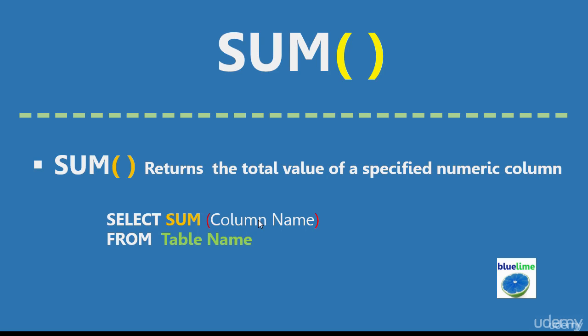The column should be a numeric column that contains numeric rows or records, and then the from is where you specify the table name. So let's head over to SQL Server Management Studio, where we will make a connection to the SQL Server and experiment with using the sum aggregate function.